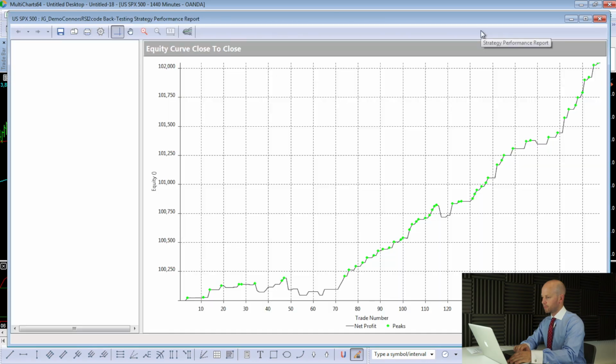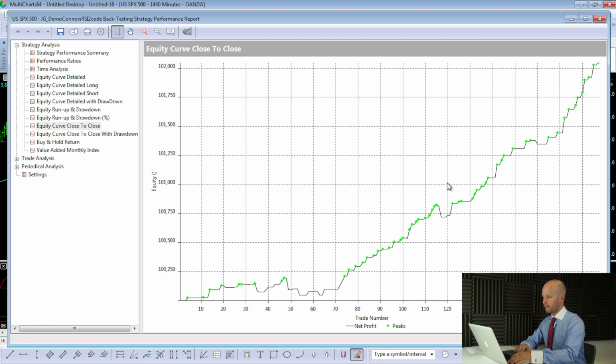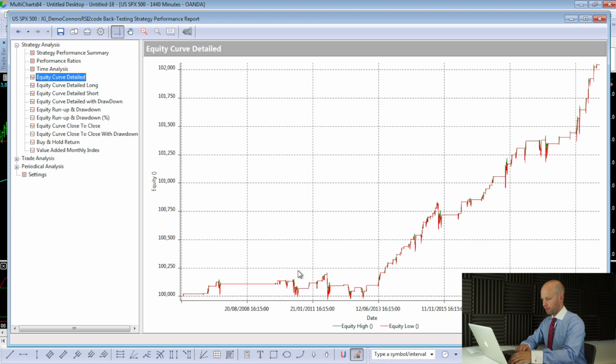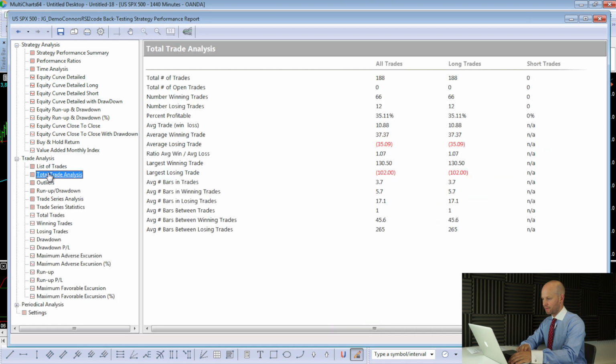So look at the performance report, and the equity curve does actually look quite nice, doesn't it? Very flat right up until 2013 though. We've already seen that its percent profitable is way lower, and it's probably not something that I would want to be trading.